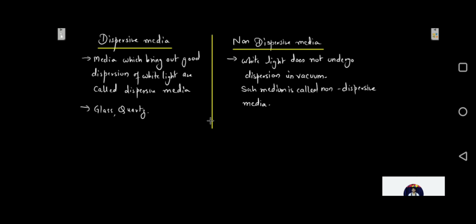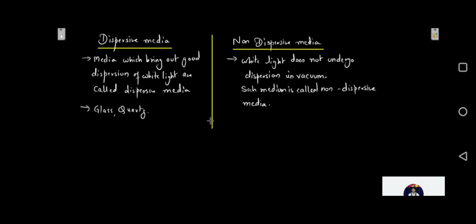It doesn't matter what lambda is; all the colors travel with the same speed. That is why no deviation happens, and white light does not undergo any dispersion. Such a medium is called a non-dispersive medium. That is the main difference between a dispersive and a non-dispersive medium.